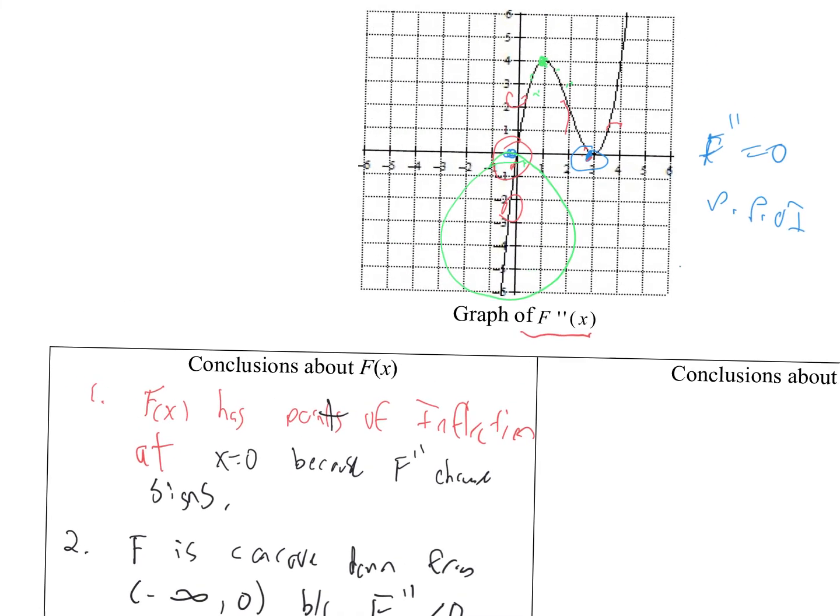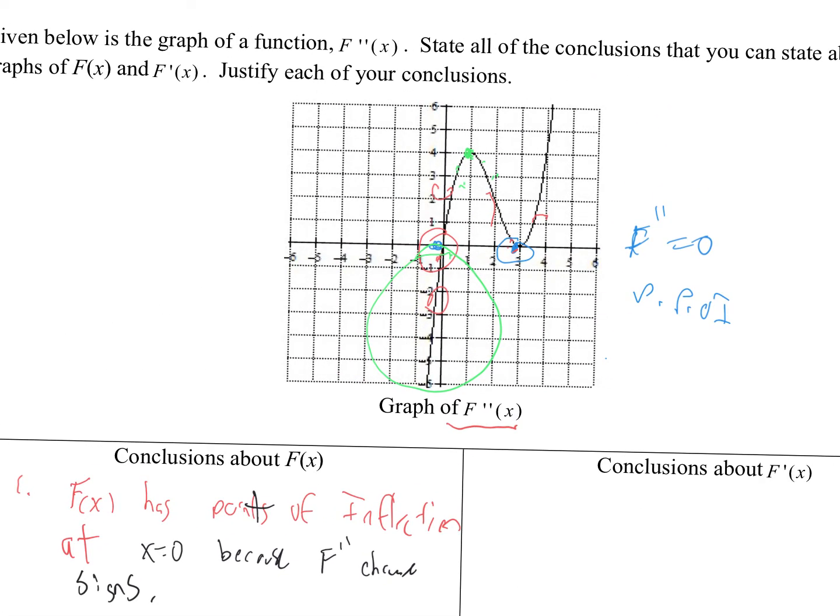And then I can talk about the two intervals that are concave up. And we have to break it into two because at this particular location, the derivative is not positive, nor is it negative. So we'll use both of those.